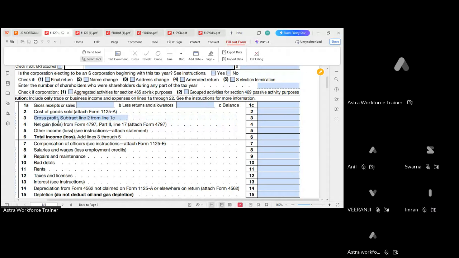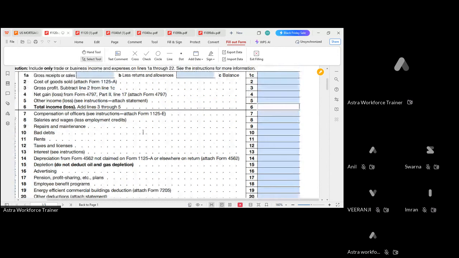And the net gain and other income, if any is available. If not, it will be 0 and you will get the total income. Minus the compensation of officers, salary and wages, repairs and maintenance, bad debts, rent, tax.